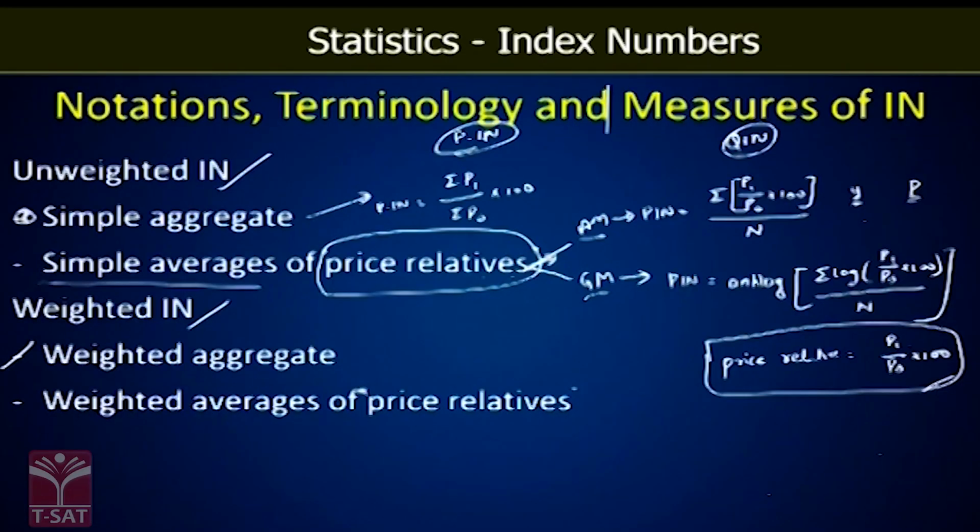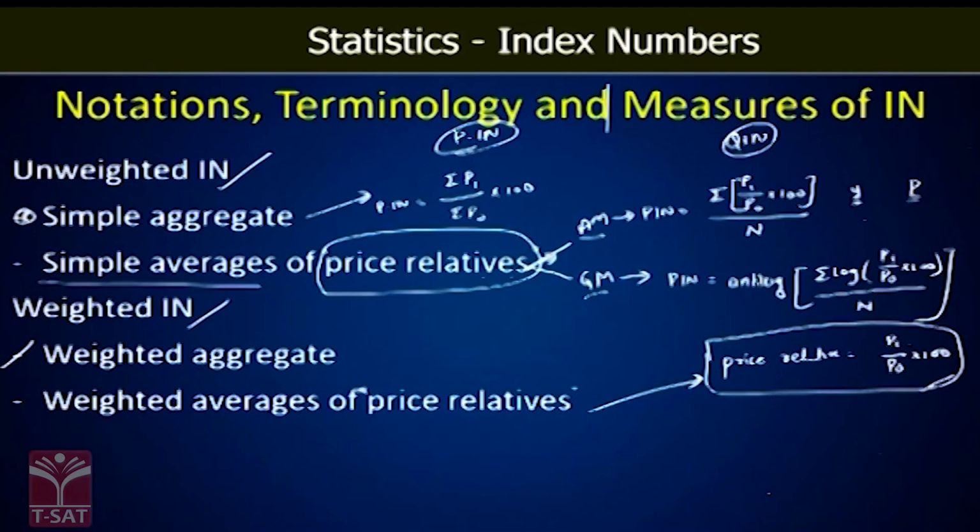Now the weighted average of price relatives. We already saw price relative is nothing but P1 by P0 into 100. In this weighted average of price relatives we again have the arithmetic mean and the geometric mean.